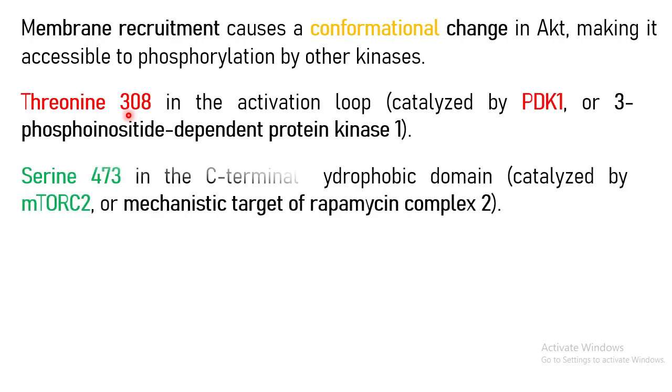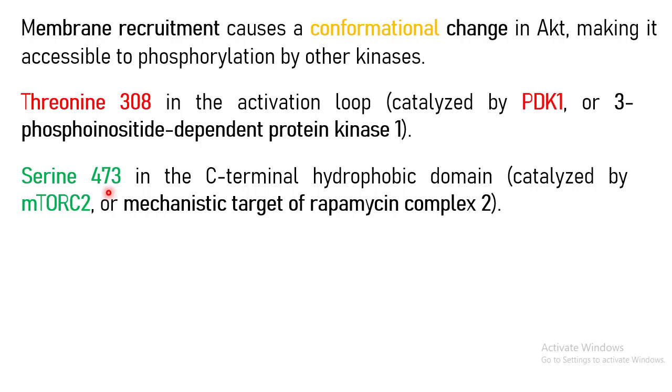Secondly, there is another kinase, which is known as the mechanistic target of rapamycin complex 2. For short, you can call it mTORC2. This kinase is going to phosphorylate the AKT at its C terminal at a specialized amino acid, which is serine 473.